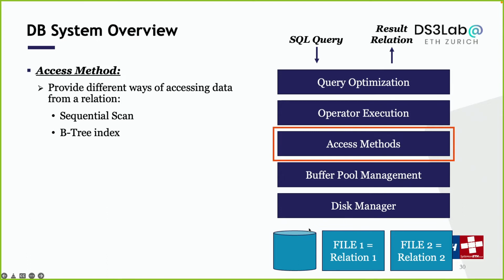You can build maybe a B tree, which we're going to talk about today, over that relation to make sure you can look up those tuples. You can access this information using a B tree index. You can have a hash table and access the information in the hash table. You can sort the data, which is another access method.